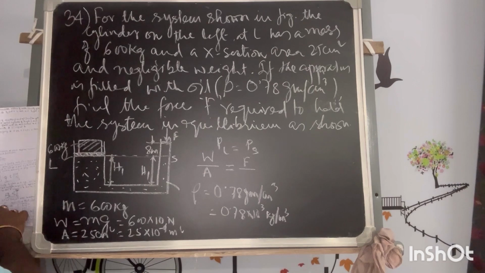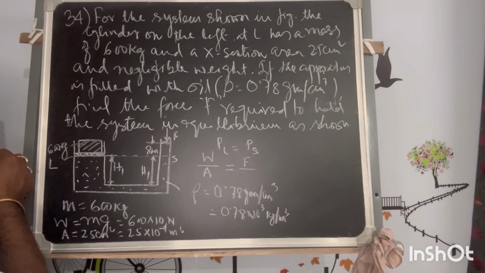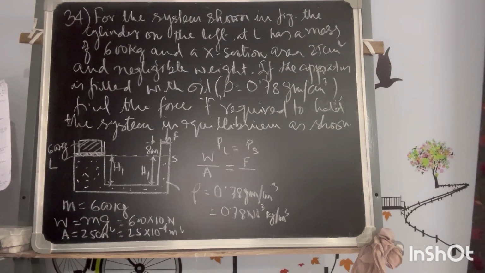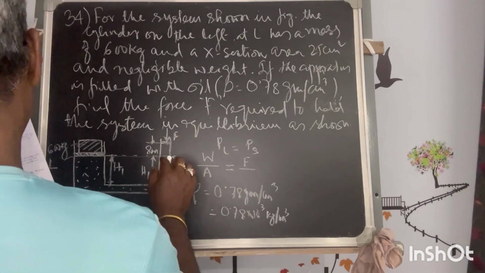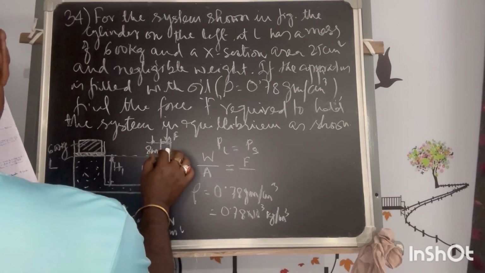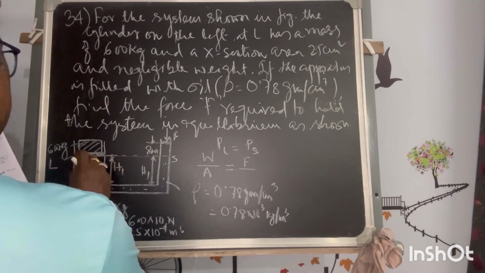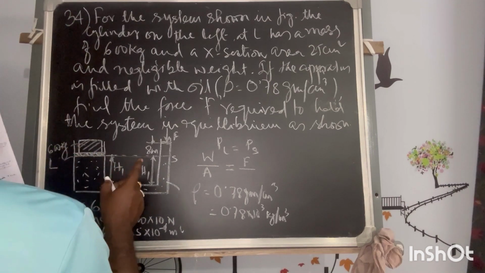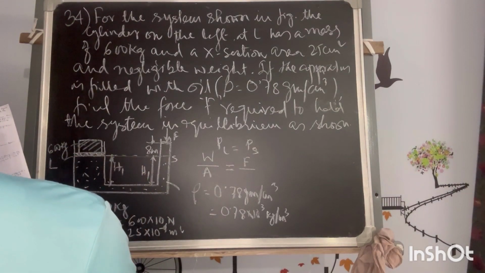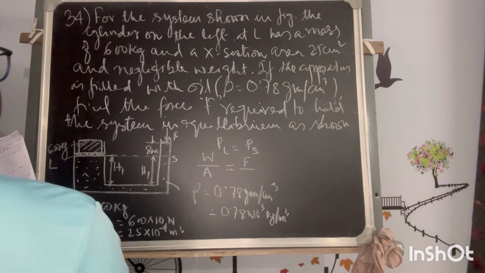Now this is 8 meter and this is 25 centimeters, the cross section here. This cross section is not given. How come?